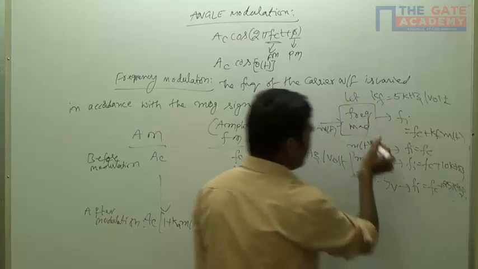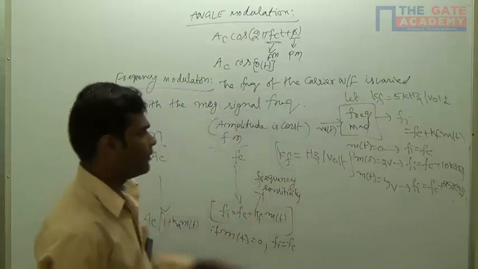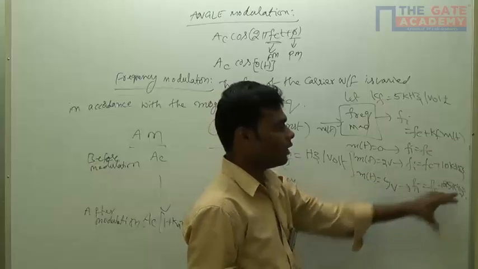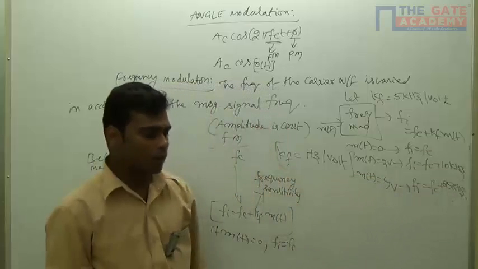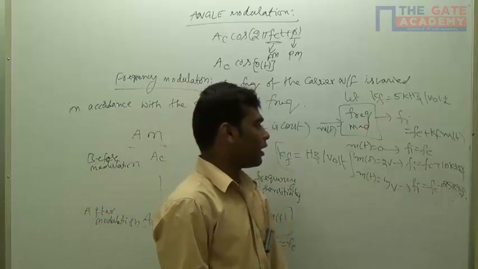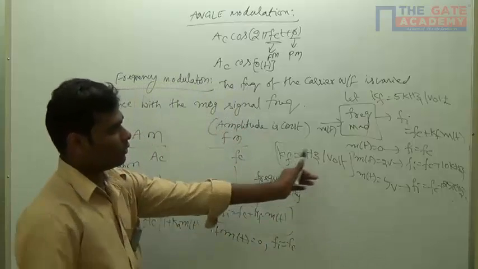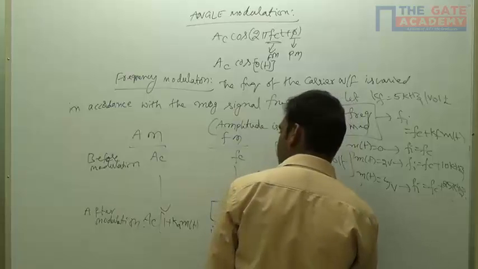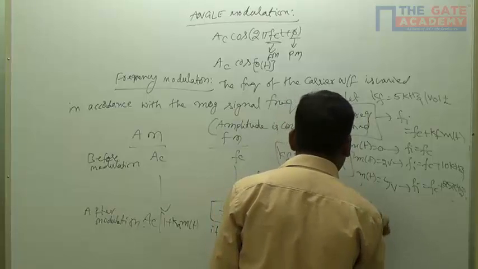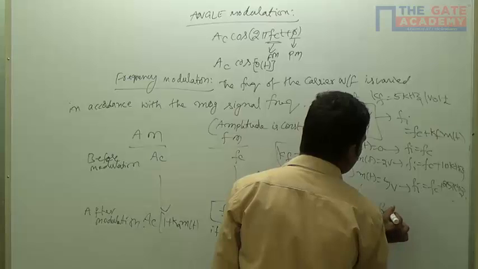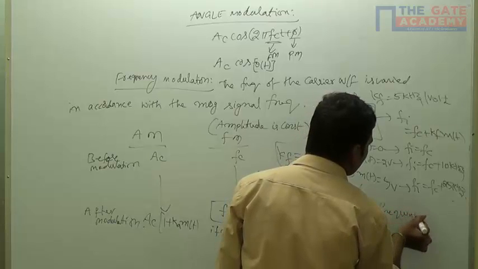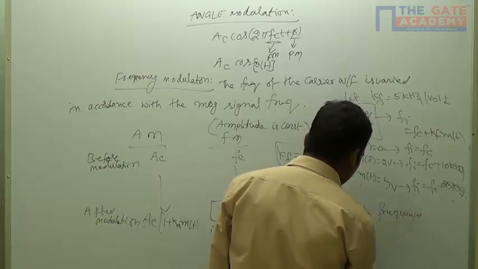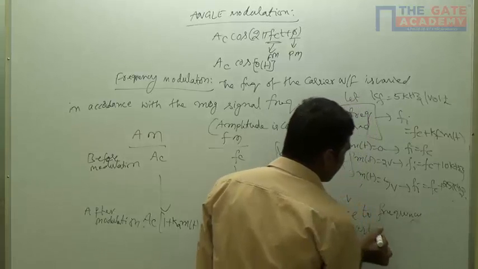Like this, if the input voltage varies, the output frequency varies. So we can also call FM, frequency modulation, a voltage to frequency converter.